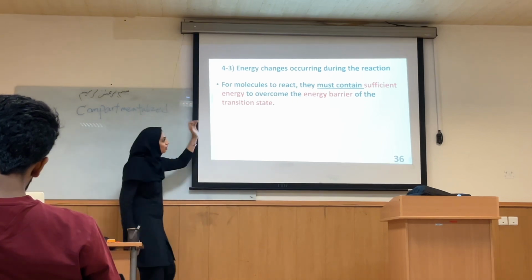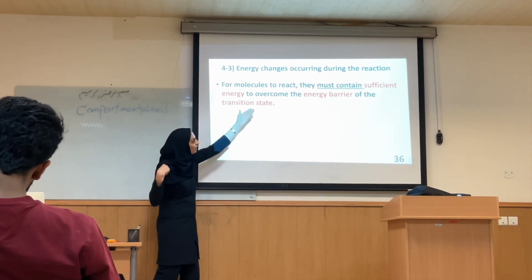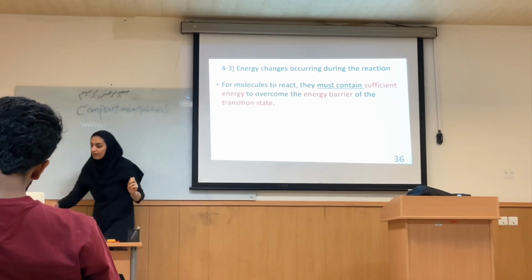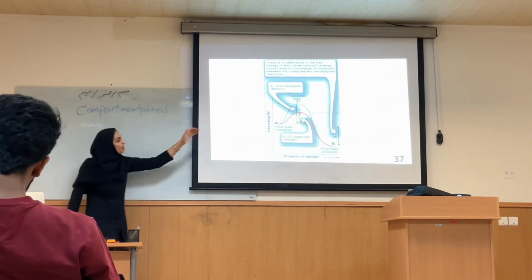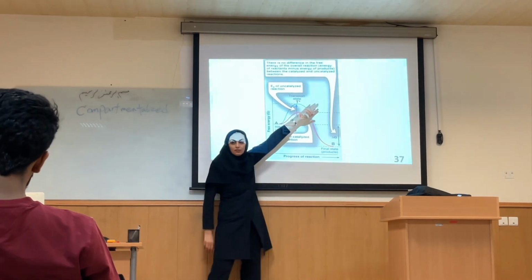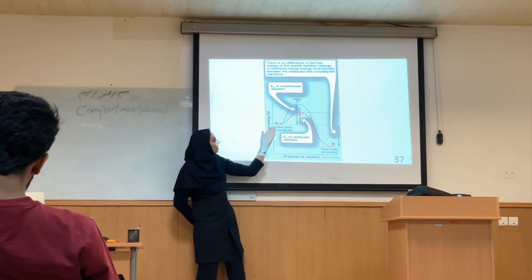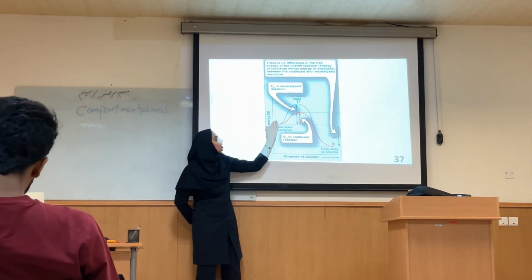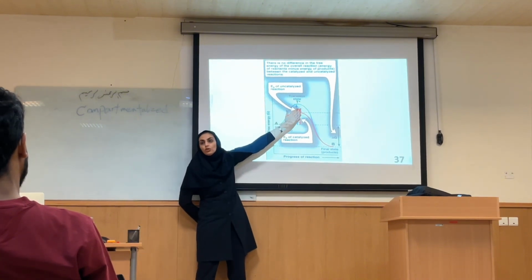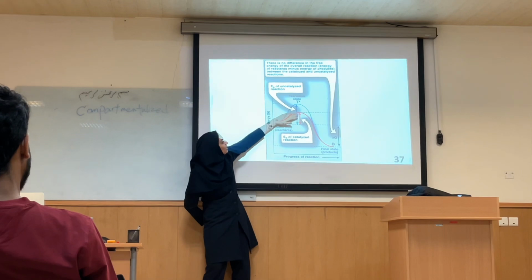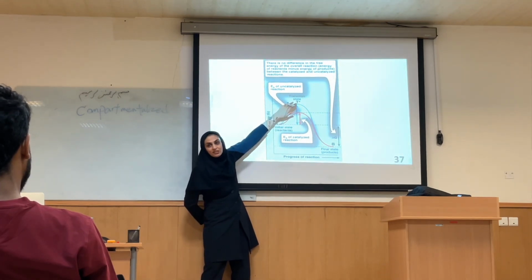And for molecules that want to react, here we have something called the energy barrier. The reactant or substrate should overcome this energy barrier. We call it the transition state.